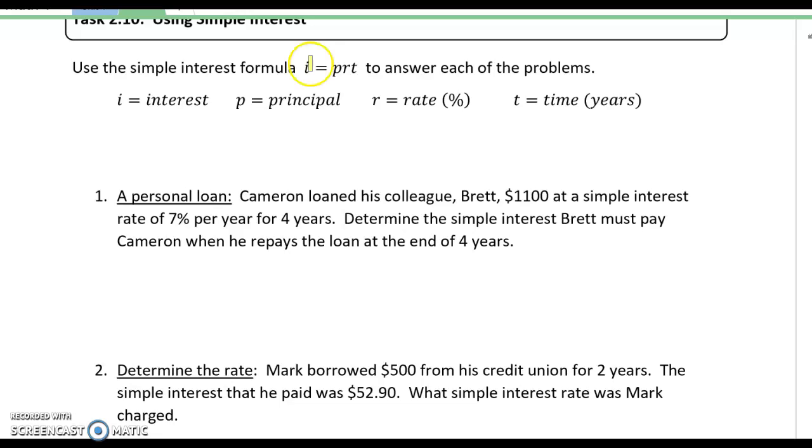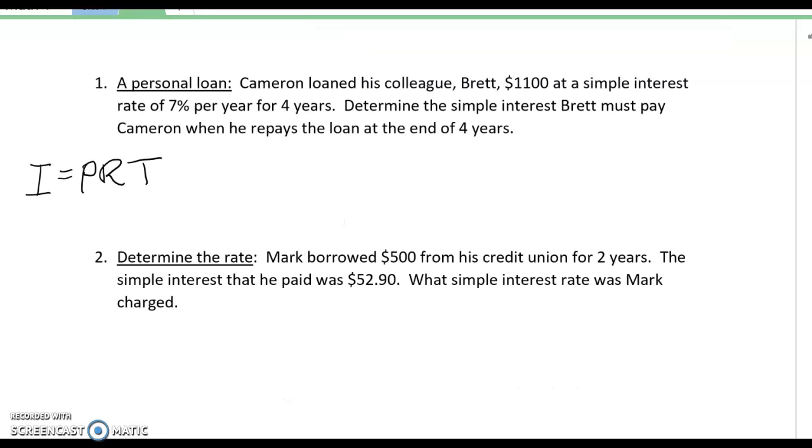This simple interest formula is I equals P times R times T, where I represents interest, P represents the principal, R represents the percent rate, and T is time, but again, time needs to be in years. So let's take a look at how we use this formula to find what we're being asked to find.